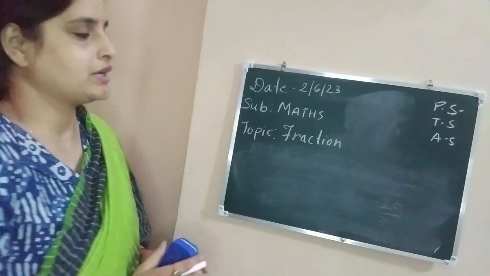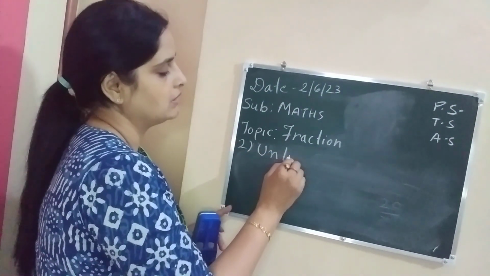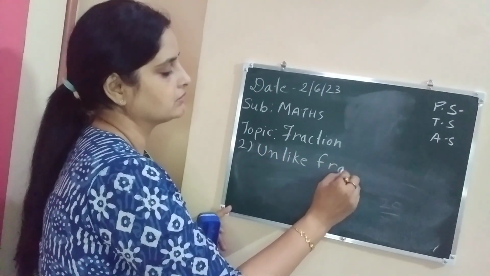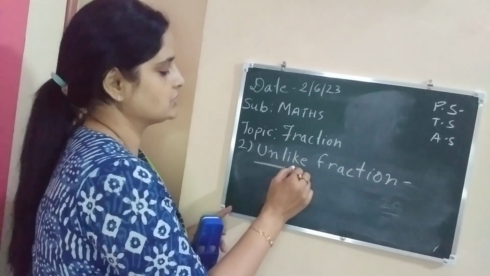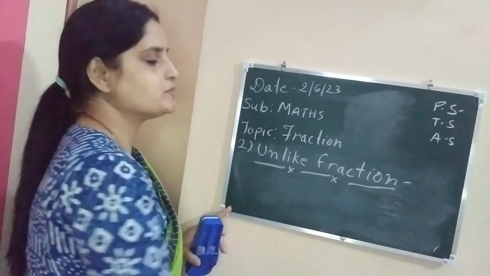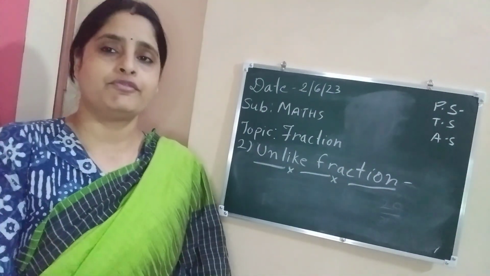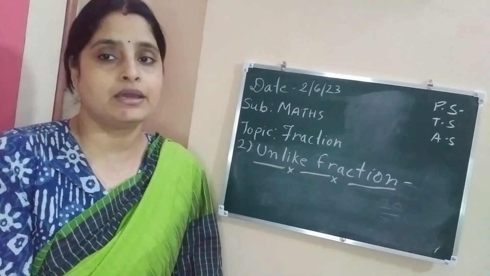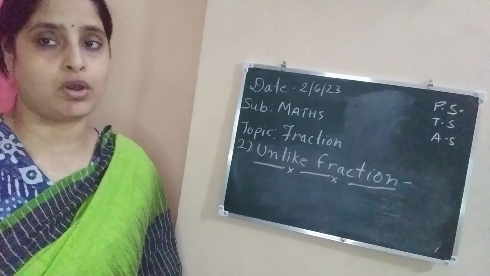The second type of fraction is the unlike fraction. In the unlike fraction, what have we observed? In the unlike fraction, we have found that the numerator is big and the denominator is small.